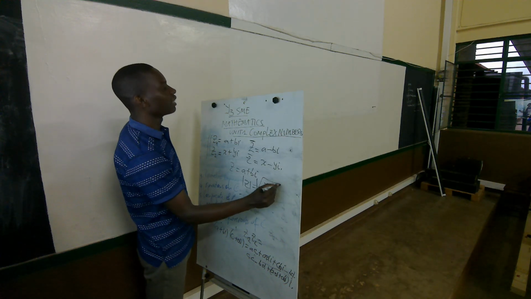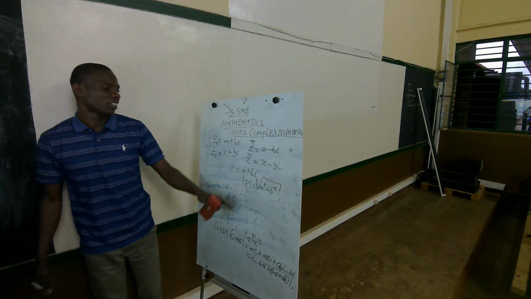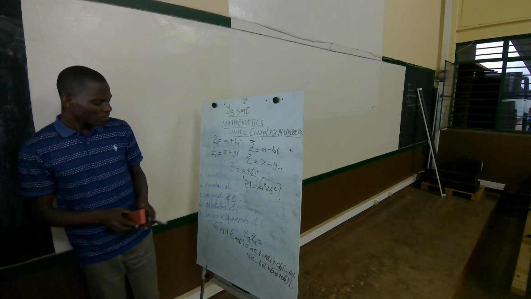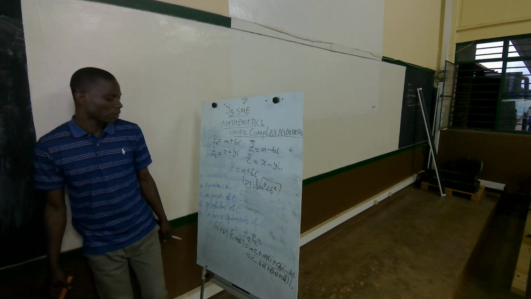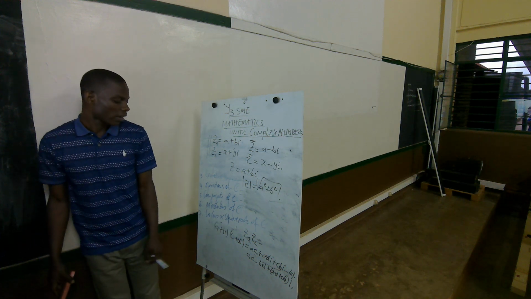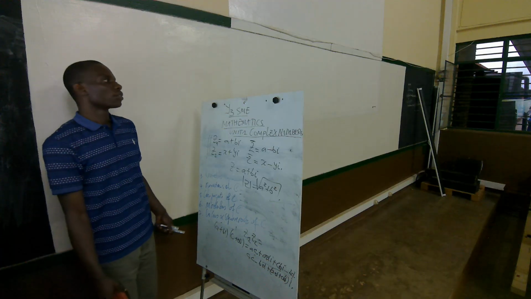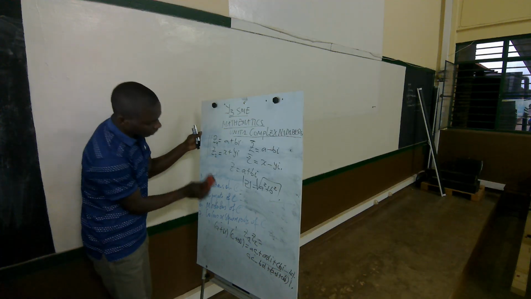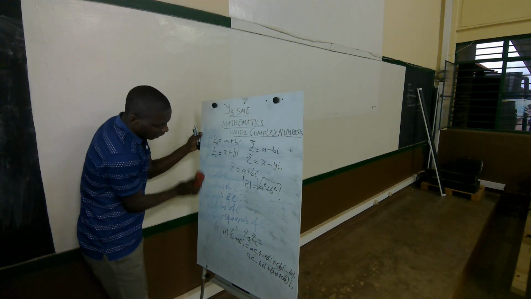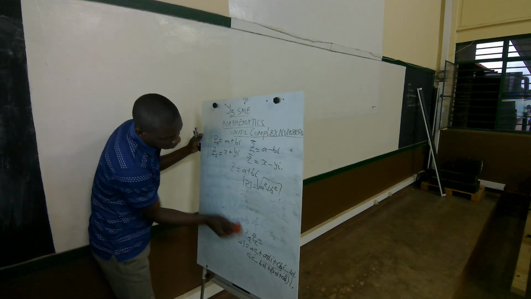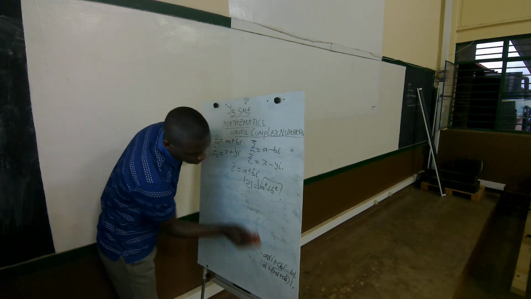So this is its modulus. Then the last one we have to talk about is the locus and the square root of a complex number. So this is just to remind you about what we have already talked about in our face-to-face classroom.